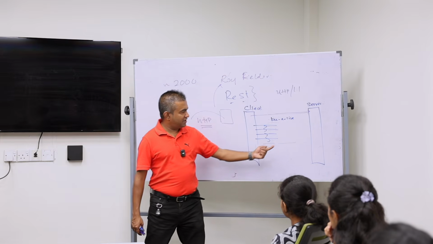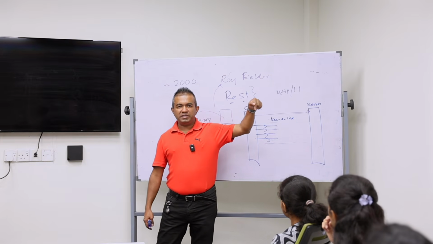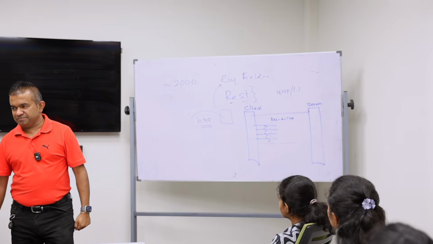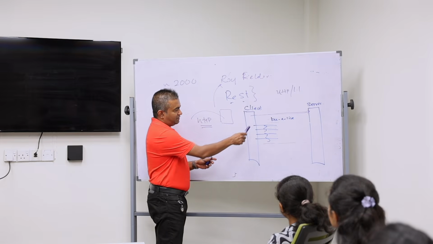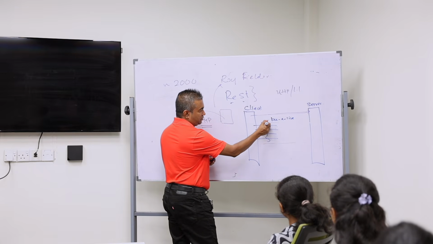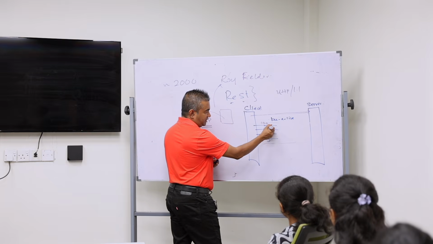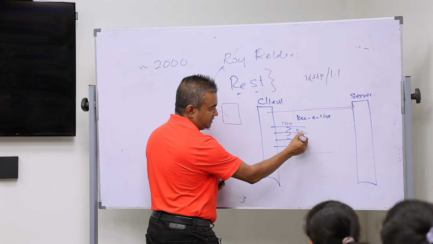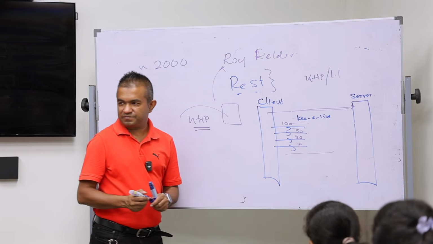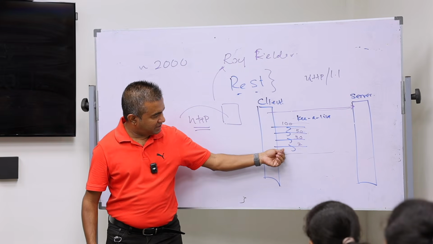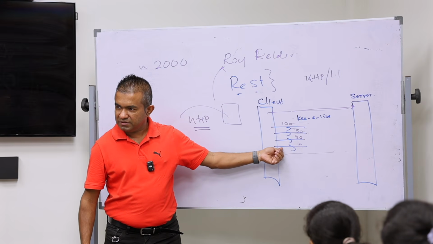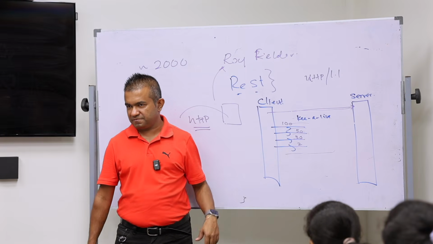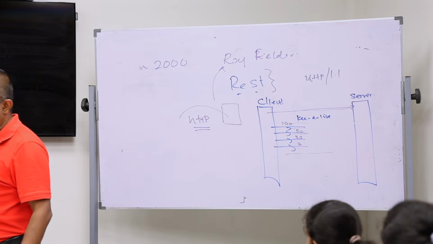But here's the catch. The server responds to you in the same order it received the requests. So let's say this request takes 100 milliseconds to process, this request takes 50 milliseconds, this one 30 milliseconds, and this one 2 milliseconds. If this request reaches the server a little bit later than the first one, it still has to wait until the first one is dispatched, if it's the same connection.